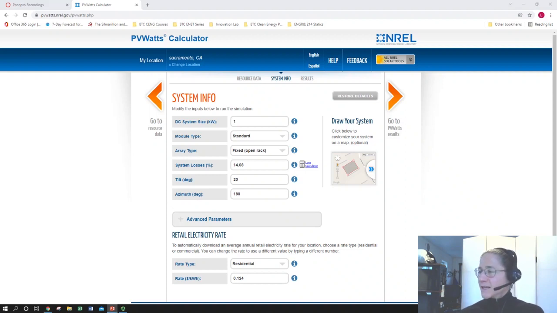So now we need to get some information about what kind of module and array type this resident would use. So we are going to assume that they're trying to save money, and so they're going to use a standard module.